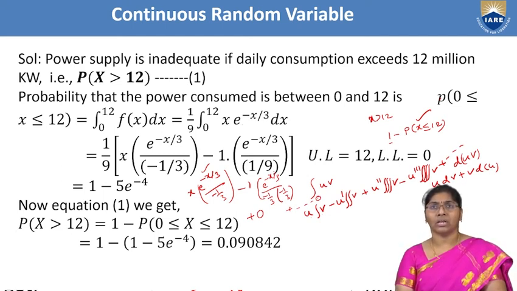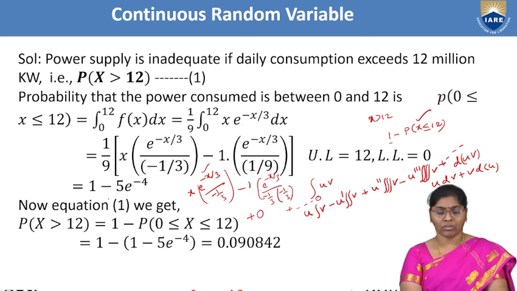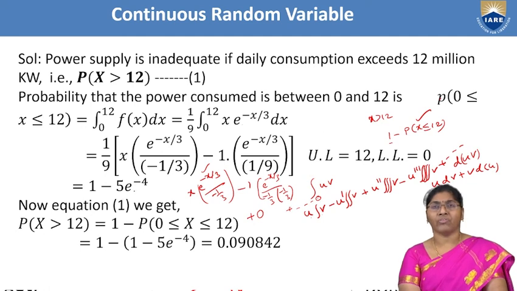That is the integral of x into e power minus x by 3 dx. Now substituting the limits, the upper limit 12 and the lower limit 0, we get the answer as 1 minus 5 into e power minus 4.